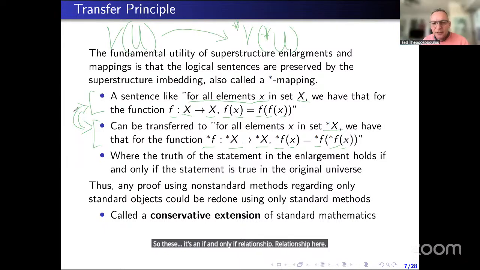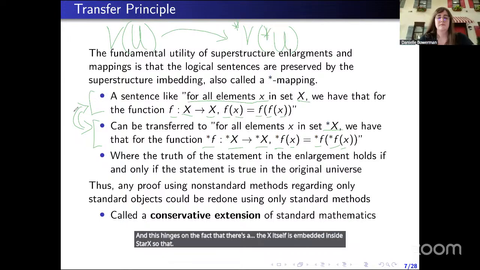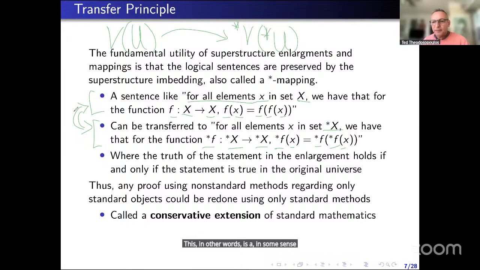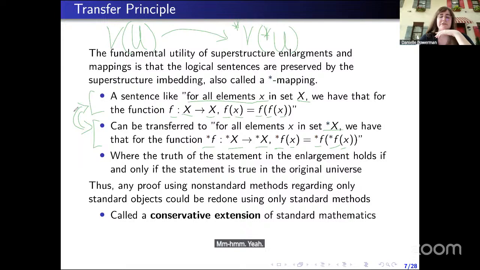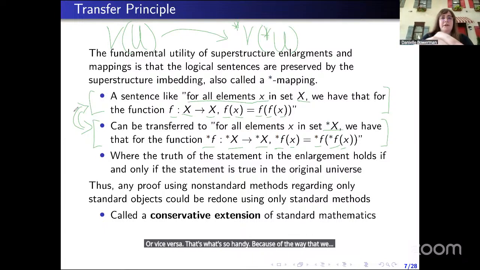And this hinges on the fact that the x itself is embedded inside star x, so that this, in other words, is in some sense a smaller statement as far as the star x construction. But that's what's interesting, is that we can start with a smaller statement and still, if it's true, we've proven a larger statement, or vice versa. That's what's so handy, because of the way that we have defined our star mapping to allow for everything in here to imitate stuff in here.